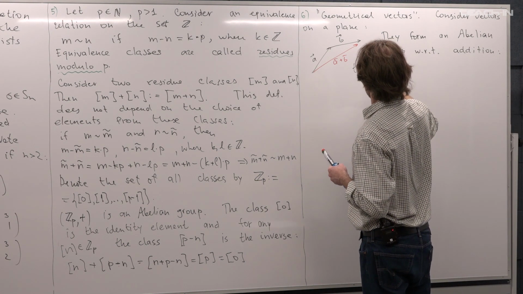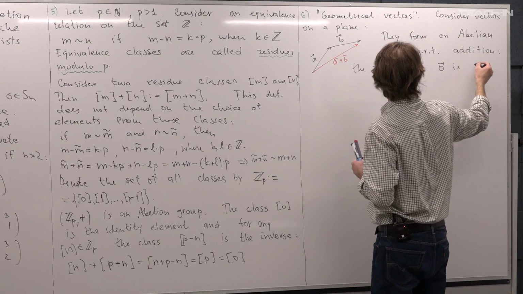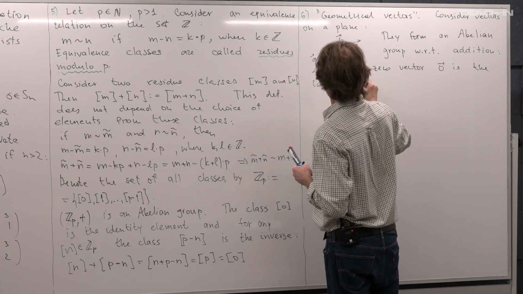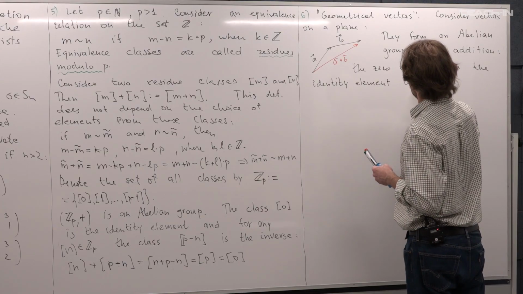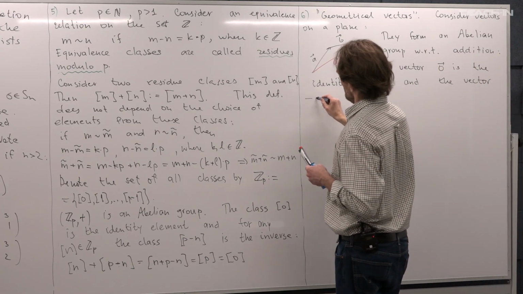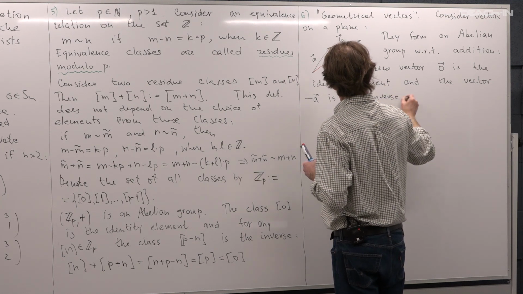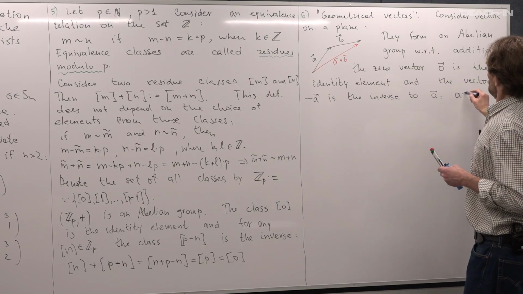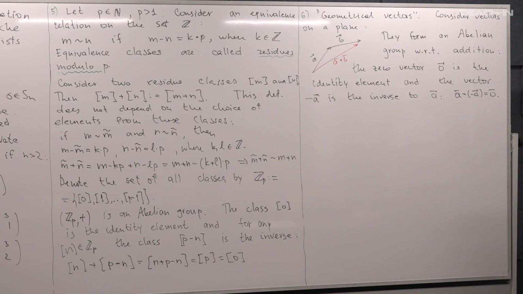The 0 vector is the identity element, and the vector minus a is the inverse to a, just because a plus minus a is the 0 vector. So that's quite trivial, but we see that.